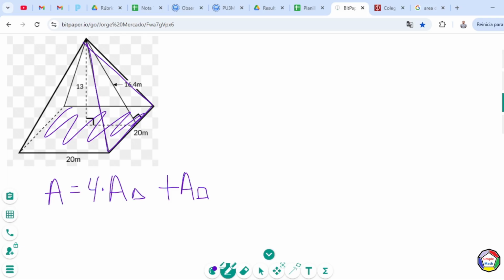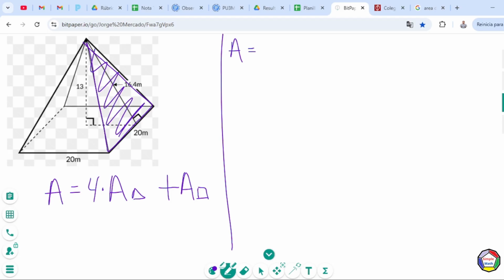So let's do it step by step. I'm going to write a line here, and I will begin. The surface area is going to be equal to the area of this triangle. To calculate the area of that triangle, we use the formula base times height, and the answer divided by 2.